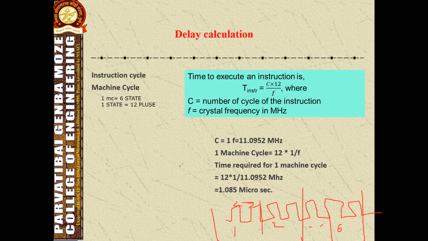So this is one complete machine cycle. One machine cycle has 12 pulses and 6 states.